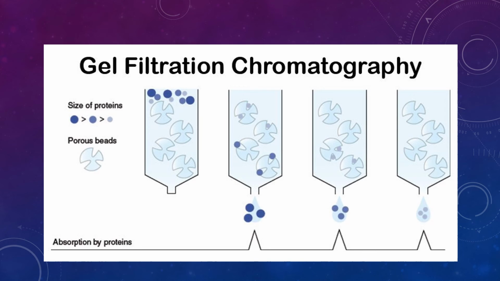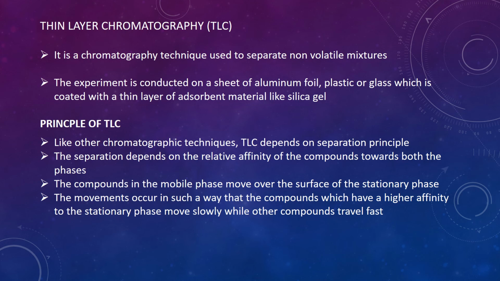Now moving on to thin layer chromatography, or TLC. It is a solid-liquid technique in which the two phases are a solid stationary phase and a liquid moving or mobile phase.